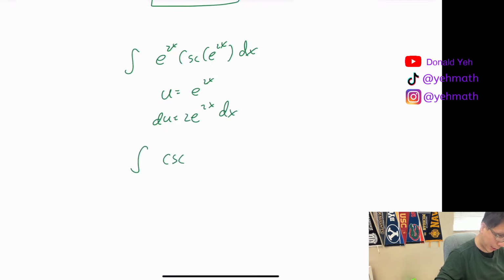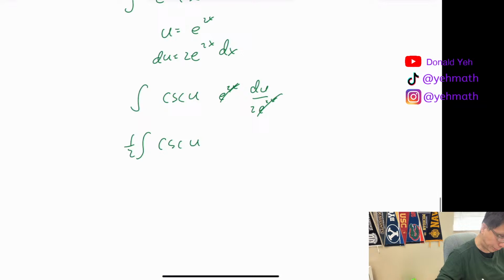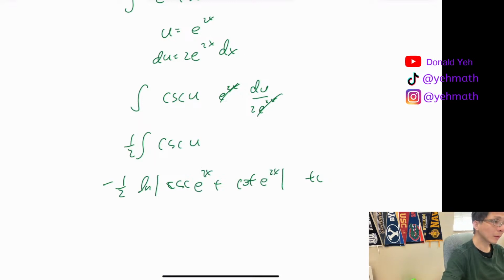So it'd be cosecant u times e to the 2x. This one's du over 2 e to the 2x. Cancel out: 1/2 cosecant of u. It's 1/2 ln of negative cosecant of u plus cotangent of u, plus c. And u is equal to e to the 2x. And that's it.